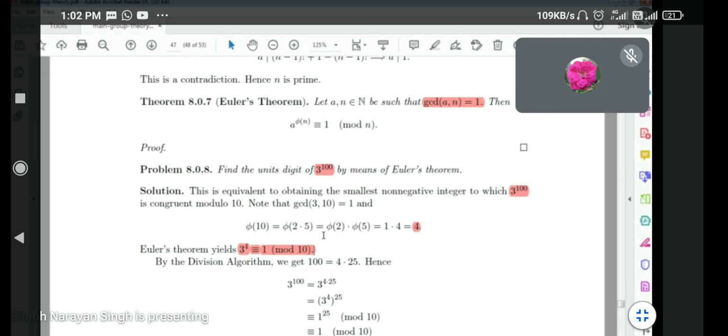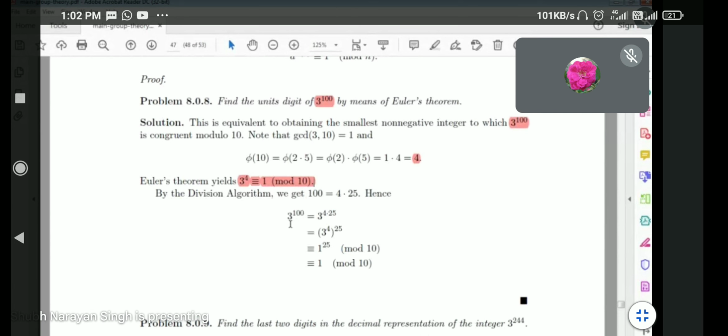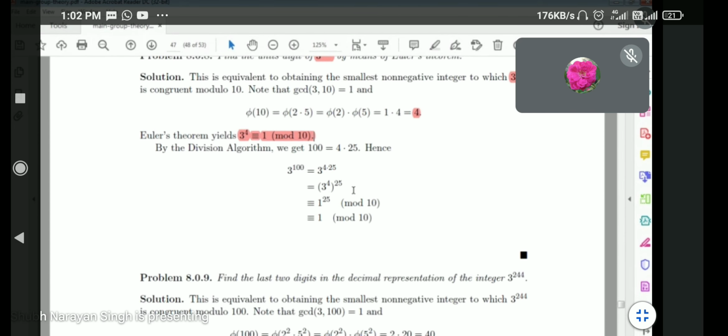Then, because we are looking for the unit digit of this big number 3 power 100, we consider 3 power 100, and 100 can be written as 4 into 25. Because 3 power 4 is congruent to 1, I write (3 power 4) power 25 is 1 power 25 modulo 10, and 1 power 25 is 1.